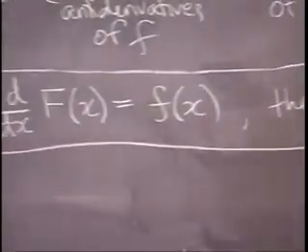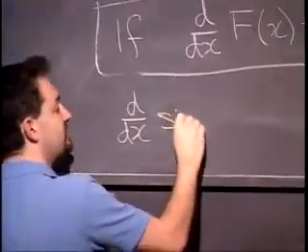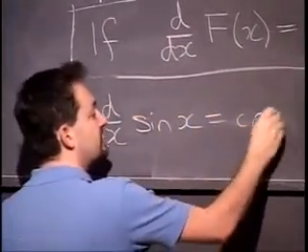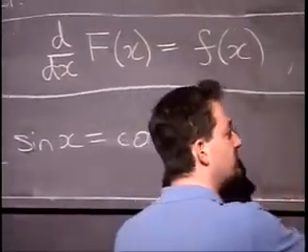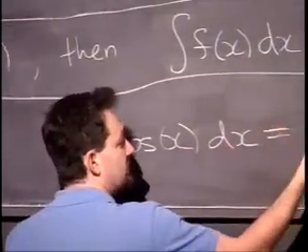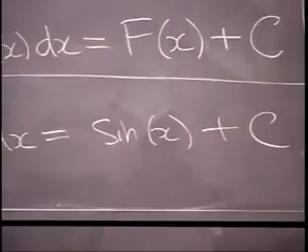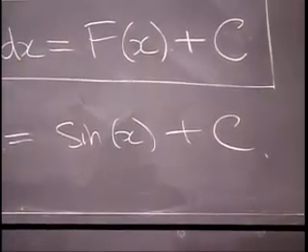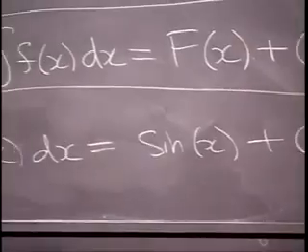So for example, we know that the derivative of, say, sine x is cosine x, which immediately allows you to reverse this and say the integral of cosine x is sine x plus a constant. By the way, this is often done wrong.